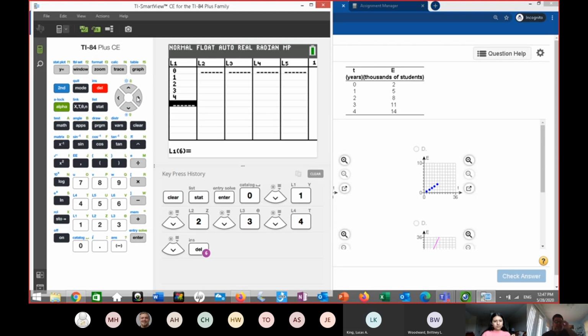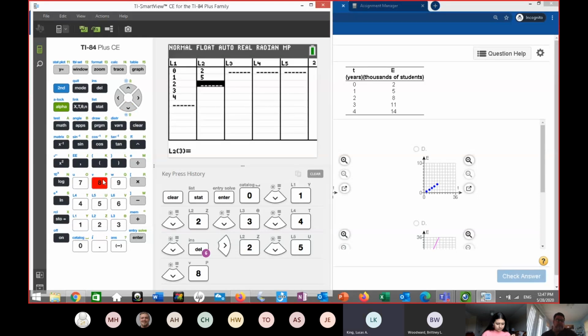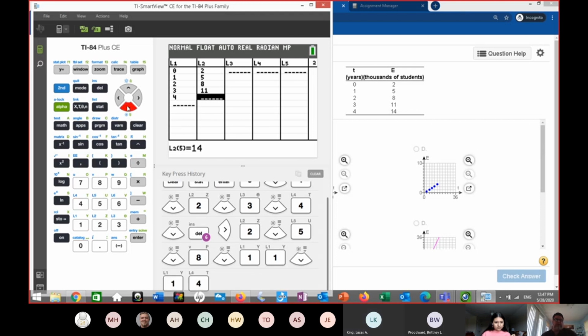And now I'm going to go over to my next one and type in 2, 5, 8, 11, 14. 2, 5, 8, 11, and 14. And this is how you type in your table in the calculator.